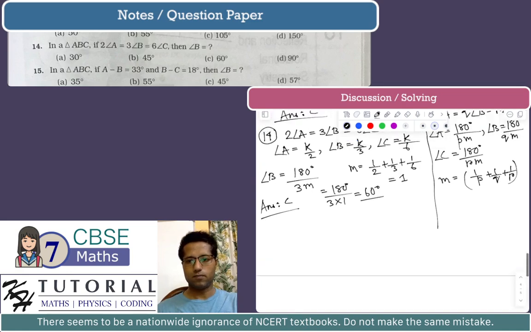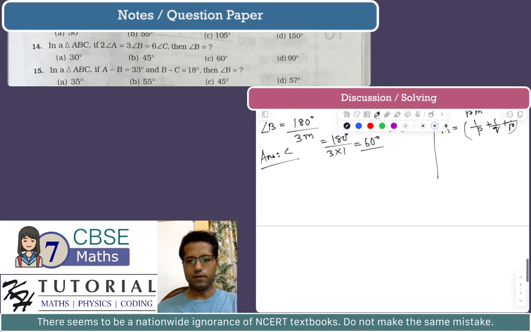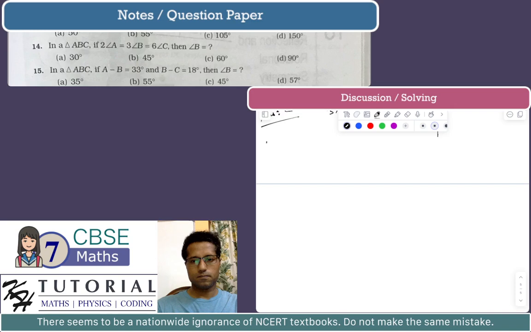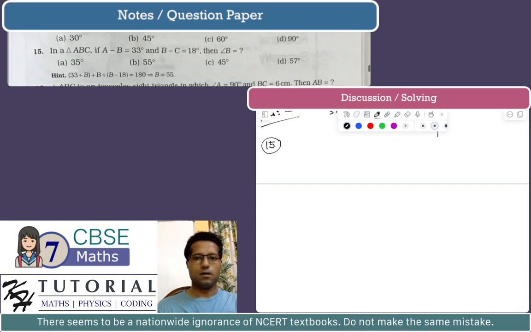Let's solve problem number 15. So these are repetitive questions we already did in the MCQ questions, that is exercise 17C.